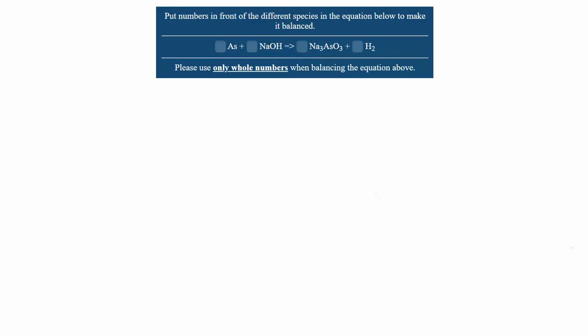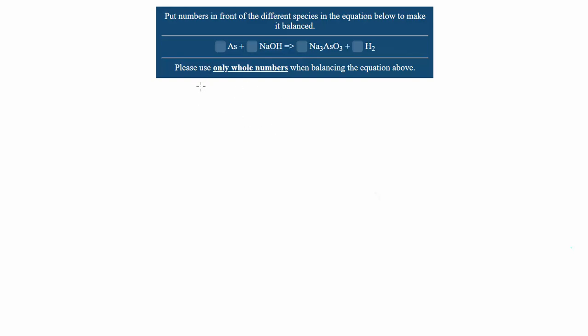How am I going to approach the question? The first thing I'm going to do is take account of the left hand side and the right hand side, specifically how many times each element occurs on either side. So this is kind of an audit process. I'm going to audit how many times each element occurs to help me with the balancing process. So I would invite you to have a go at that.